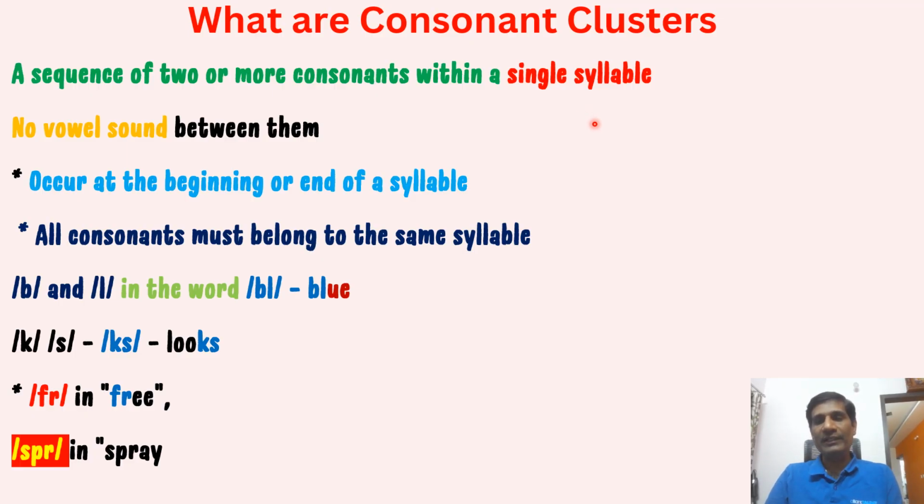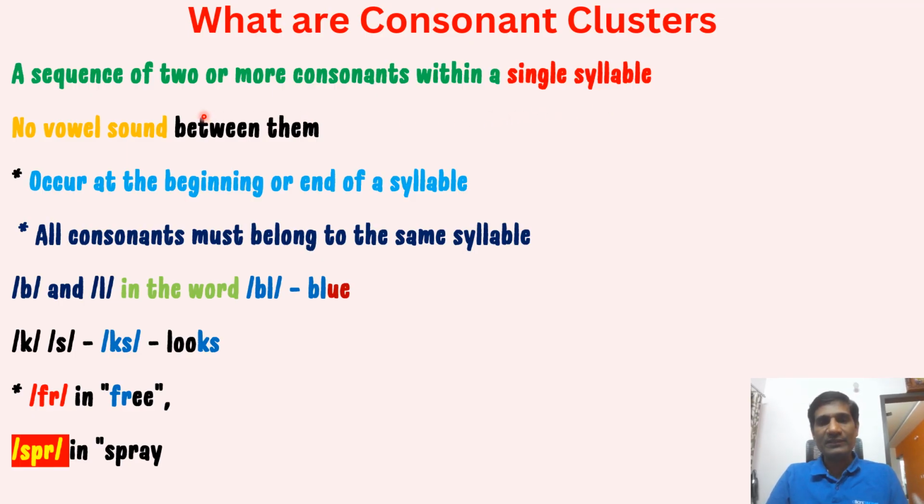In reading there are two vowel sounds, so it has two syllables, whereas book has one syllable. So book is a monosyllable, and reading is a disyllabic word. Now you have understood what a syllable is, so let us try to know what consonant clusters are.